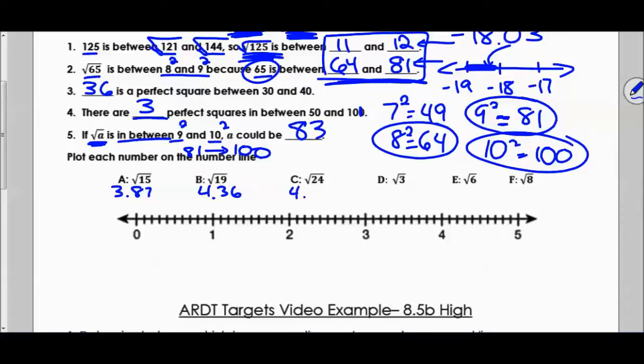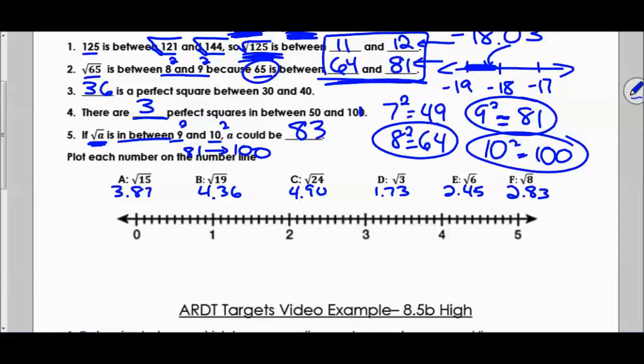That's 4.8. Really, the 9 should round it up, so that's 4.90. Square root of 3 is 1.73. The square root of 6 is 2.45, and the square root of 8 is 2.83.